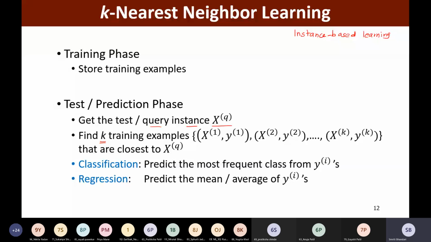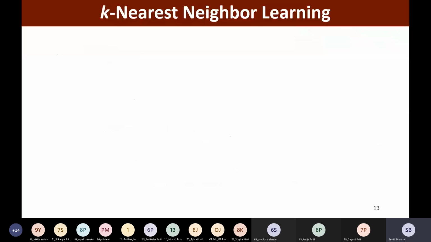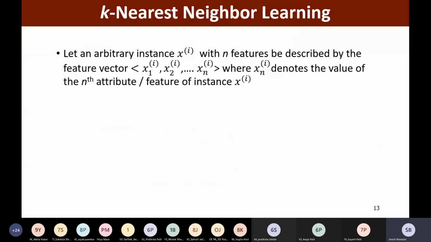Based on those distances, it is possible for us to find out which training examples are closest. We have seen how to find the distance between 2 points in n-dimensional space.